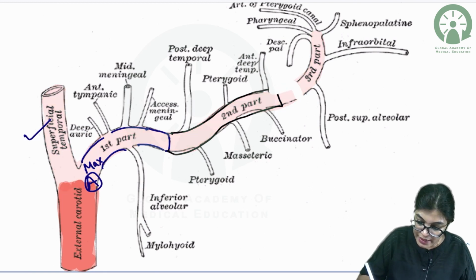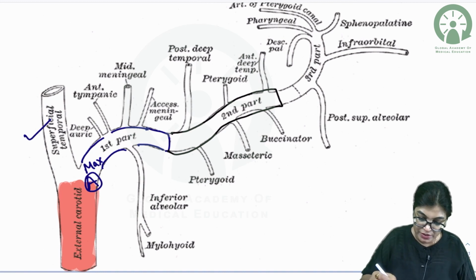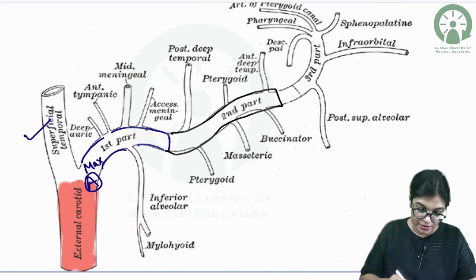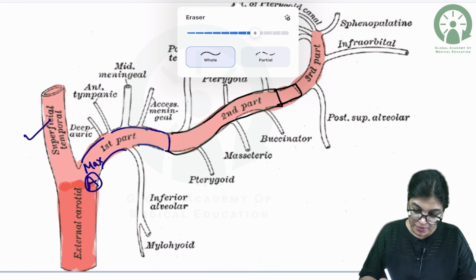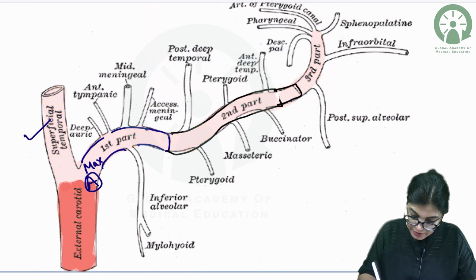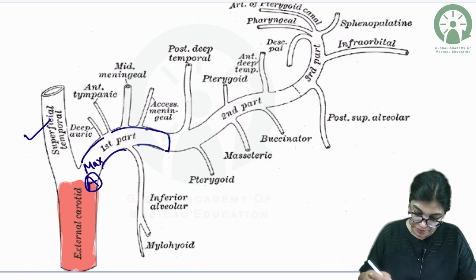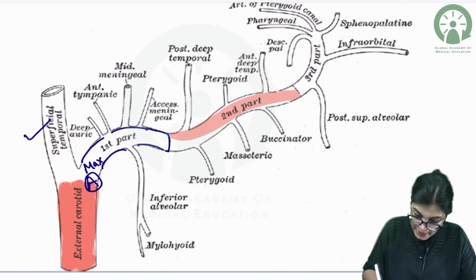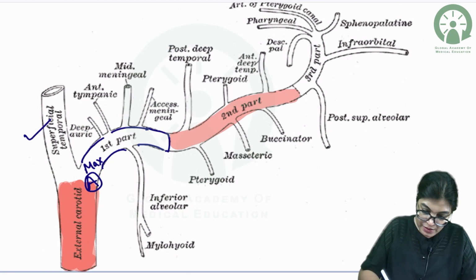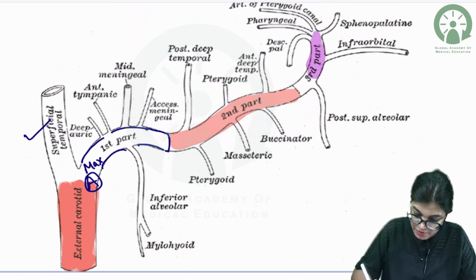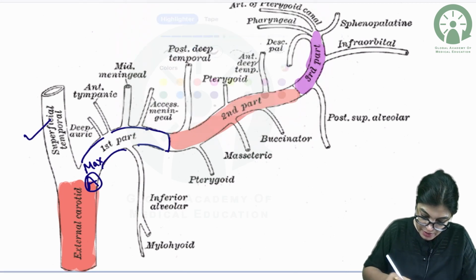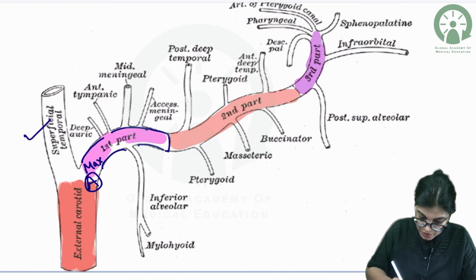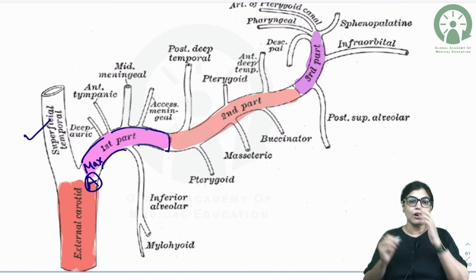Don't get confused with this. This is the second part, and this is the third part. I used 3 colors so that you don't get confused. This is the first part. So, 3 parts of the maxillary artery. Clear?